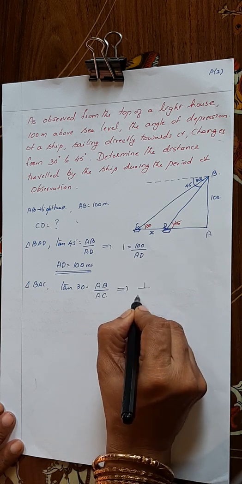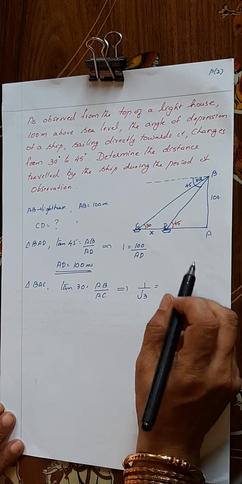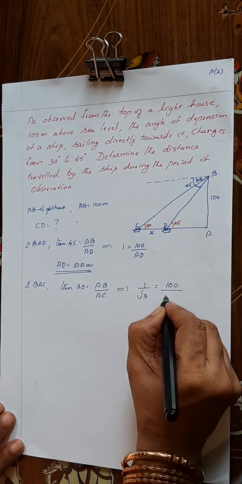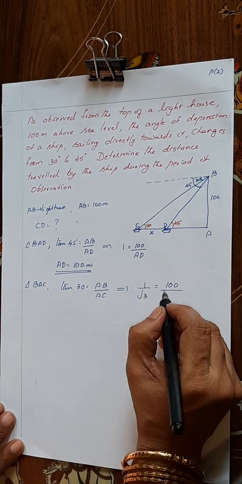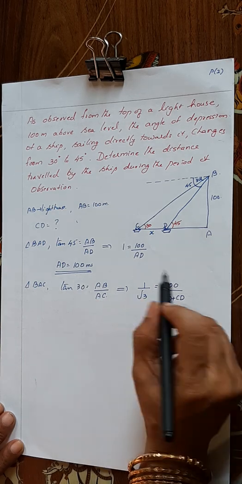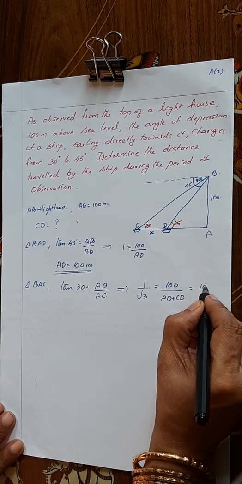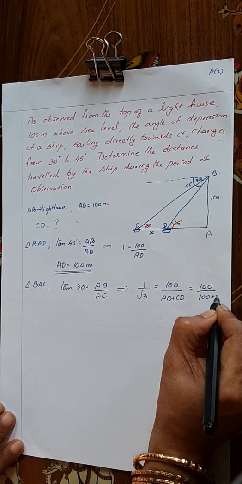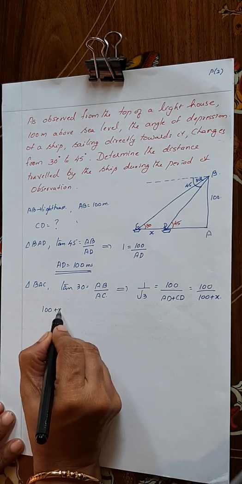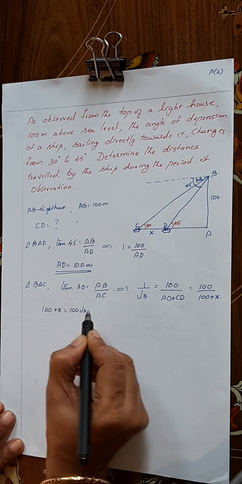So 1 by root 3 is equal to AB, which is 100, by AC, which is equal to AD plus CD, and AD we know it is 100, so 100 plus X. So 100 by 100 plus X. Cross multiplying, 100 plus X is equal to 100 root 3.